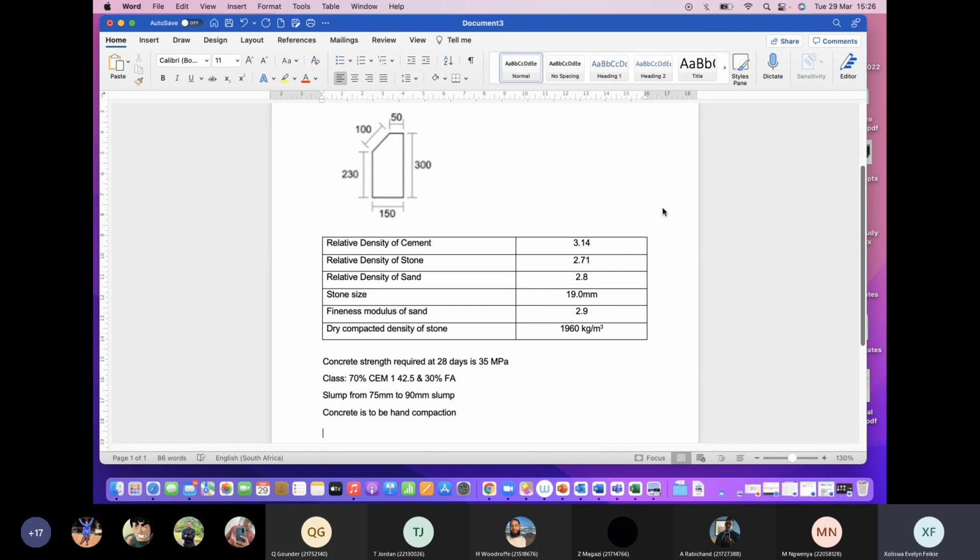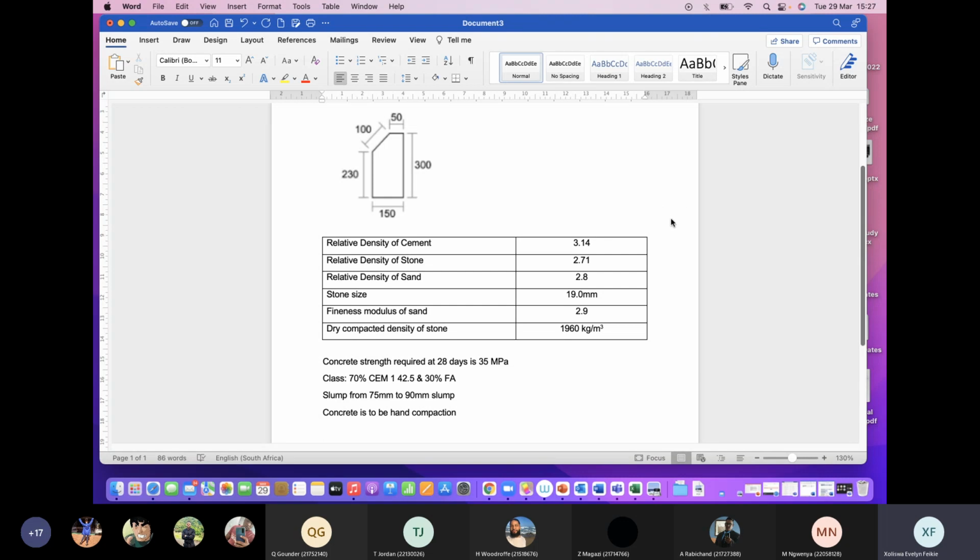So they tell you that the relative density of cement is 3.14, relative density of stone 2.71, relative density of sand 2.8, stone size 19, fineness modulus of sand 2.9. Dry compacted density of stone, 1,960 kilograms per meter cube.